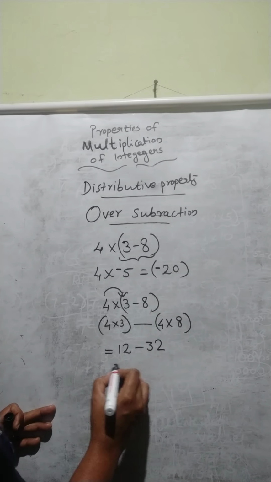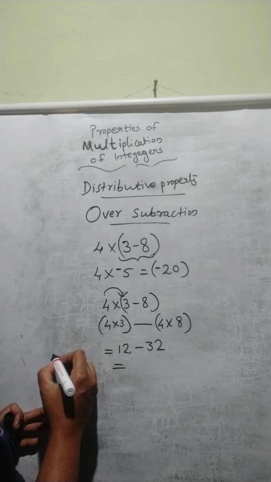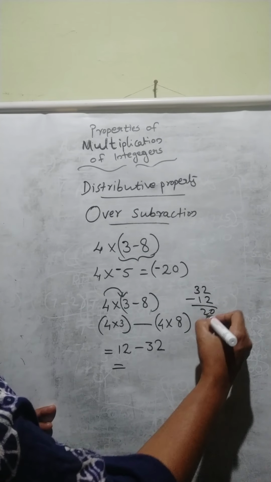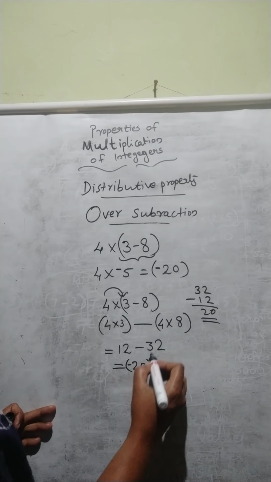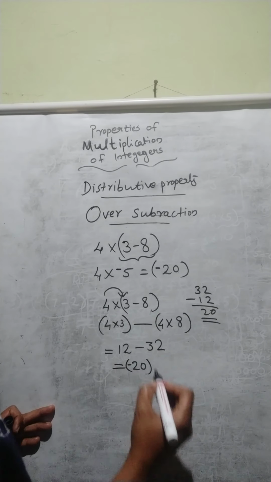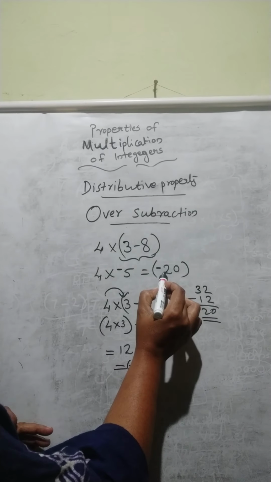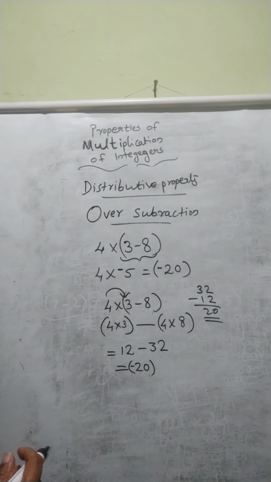So the answer is 12 minus 32. 32 is greater than 12. So 32 minus 12 is equal to 20. Then keep the negative sign in the answer because the second number is greater than the first number. So the answer is negative 20 for this first method and for this second method also negative 20.